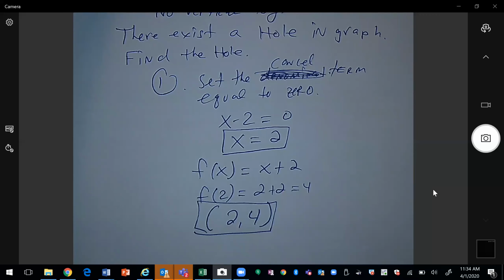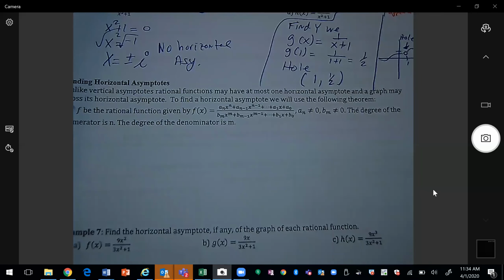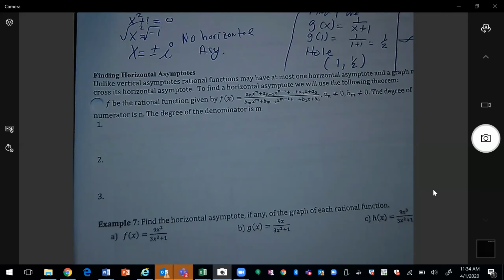Now we want to find the horizontal asymptote. So let me go to the handout. To find the horizontal one, it has 3 different cases or situations that could occur.